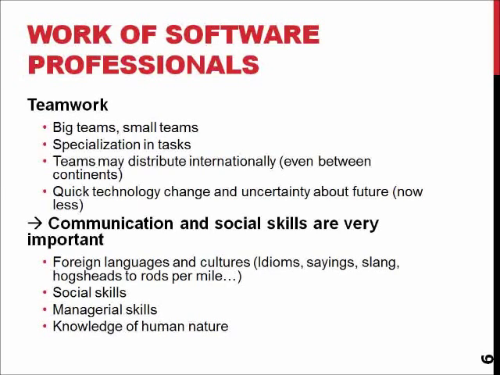We have to have design and documentation, and there's simply too much work in each software product that we can do it with one person. On the other hand, it also means that communication and social skills, against the stereotype, are really important, and actually some things like social skills and knowledge of human nature are really important in managing a software project.